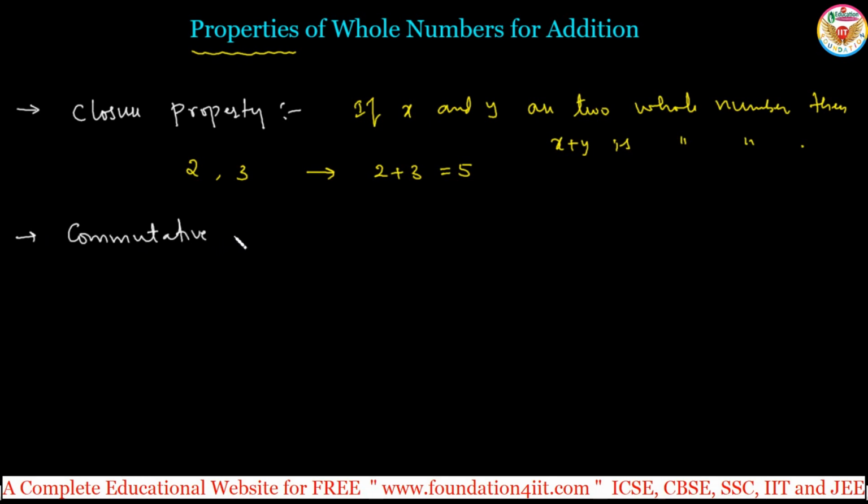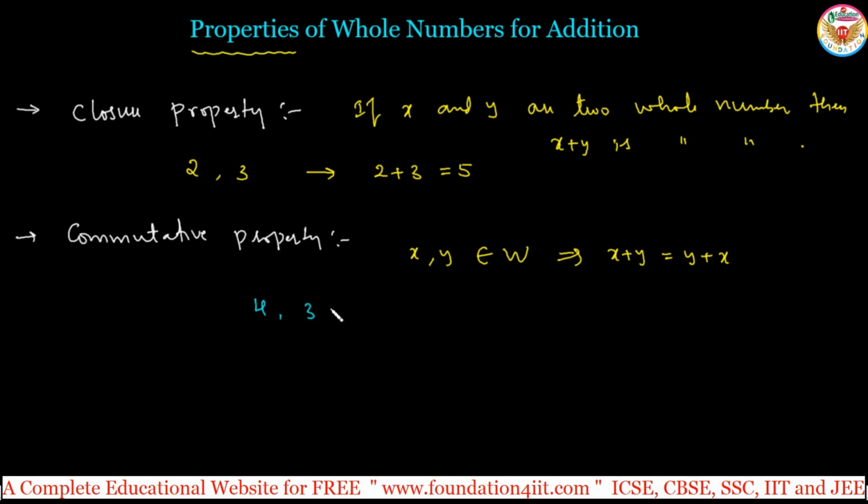And the commutative property. Here, if x and y are two whole numbers, then x plus y is equal to y plus x. If x comma y belongs to whole numbers, this is the belongs-to symbol, then x plus y is equal to y plus x. It's the commutative property. Take some examples.